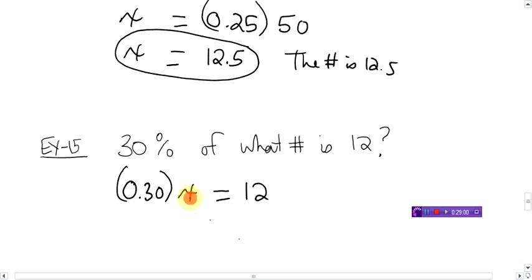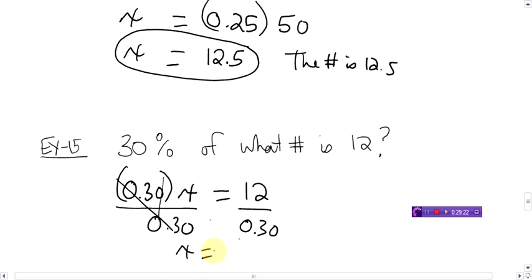What is the X? Well, unlike up here, where the X was already by itself and we just had to do the math, here the X is not by itself. It's being bugged by this 0.30, which is multiplying it. The opposite is dividing by 0.30. Do the same to the other side. Don't freak out because they're decimals. They're numbers too. The 0.30s go away.